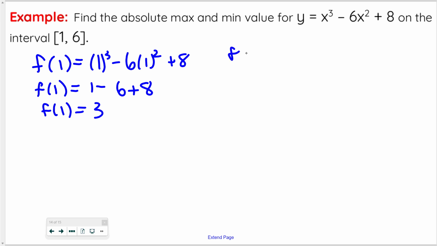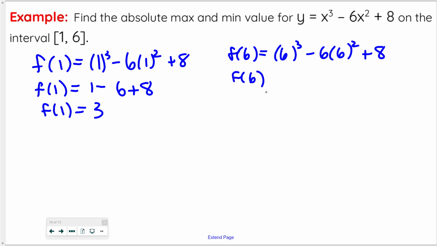So 6 cubed minus 6 times 6 squared plus 8. Let's do 6 cubed first. That is 216. Take away 6 times 6 squared, which is also the same as 6 cubed, plus 8. So that is going to be 8.